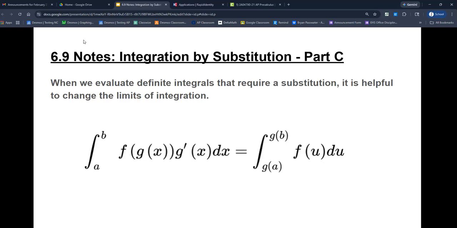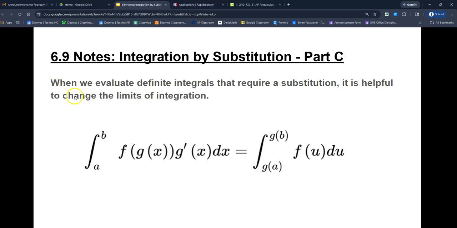I just said, we're going to say this is x equals 2 and x equals 4, and we wrote x equals, which you guys really weren't doing because you didn't know you needed x equals. But when we have a definite integral, we can actually change our limits, and we'll never have to go back to u, or never have to go back to the x's. So it makes it a little bit easier.